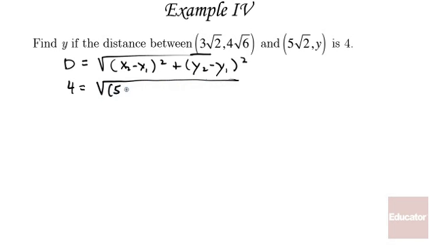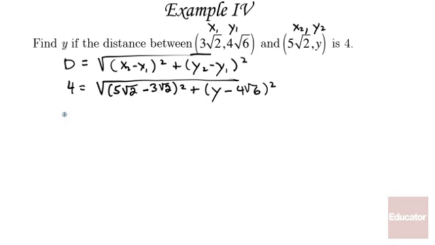I'm going to have this be my x2, y2, and my x1, y1, just to keep everything straight. So this is 5 radical 2 minus x1, which is 3 radical 2. This entire expression is squared. y2 is unknown, so I'm just going to call that y, minus y1. All of it is squared.